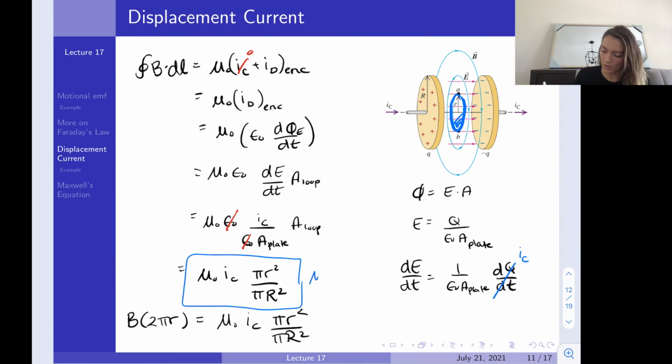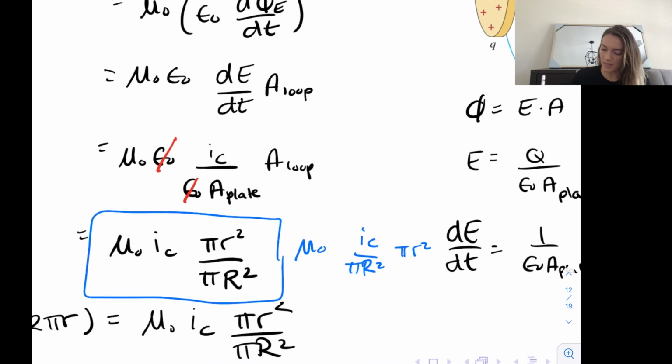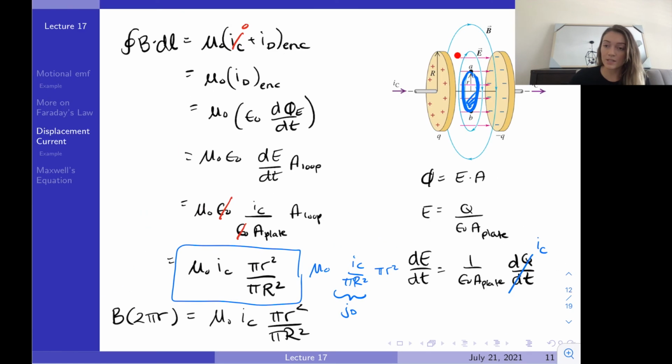So we have mu naught, and then we have I_C over pi R squared, and then we had pi little r squared. So this we can consider our displacement current density. The displacement current density fills up the entire area between the plates, so that will just look like a current divided by the cross-sectional area of the plates.